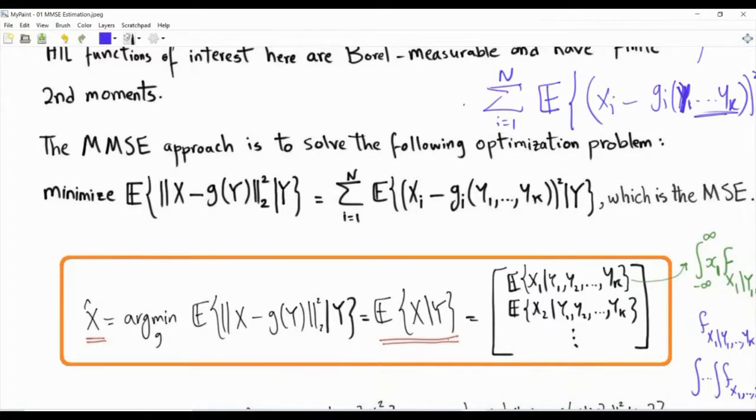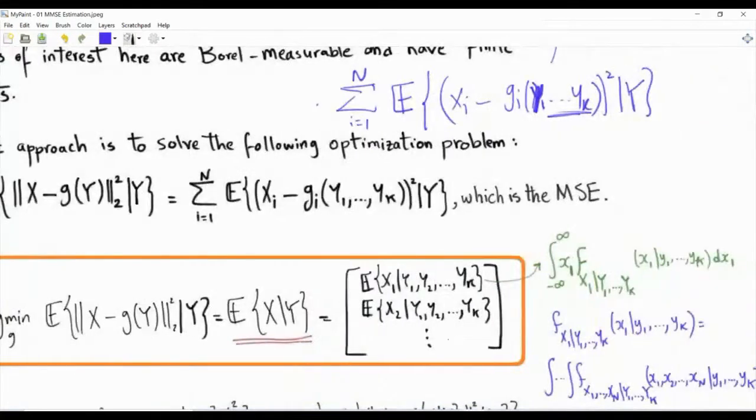Again, the proof is in the notes. In other words, our vector of estimates, its first component will be the expected value of x1 given the y's. Its second component will be the expected value of x2 given the y's, and so forth.